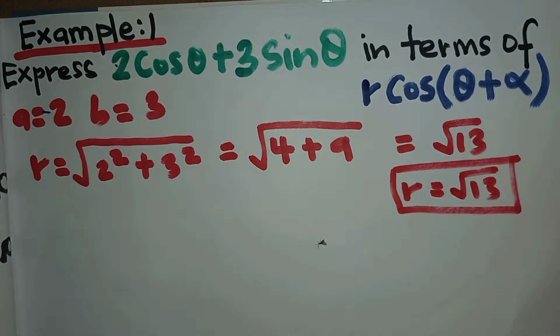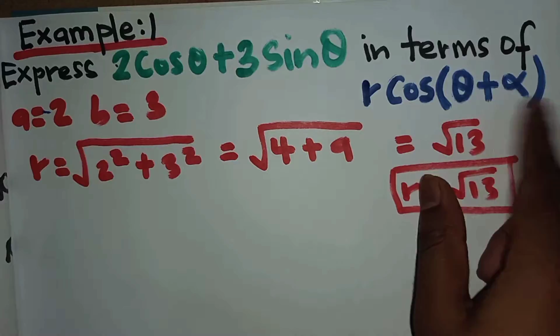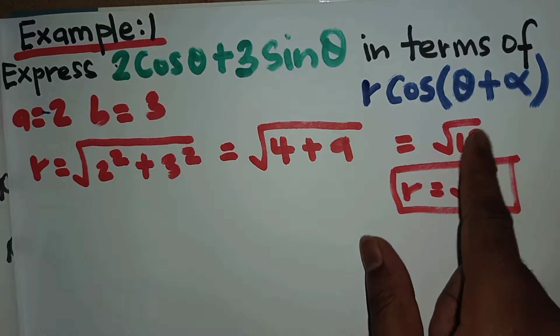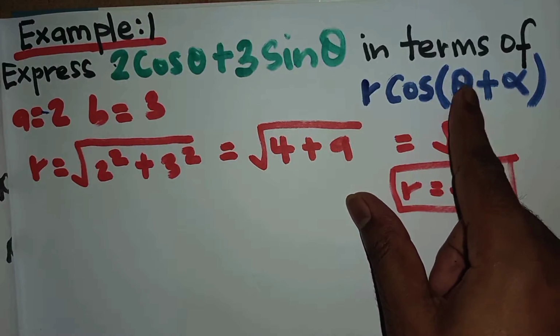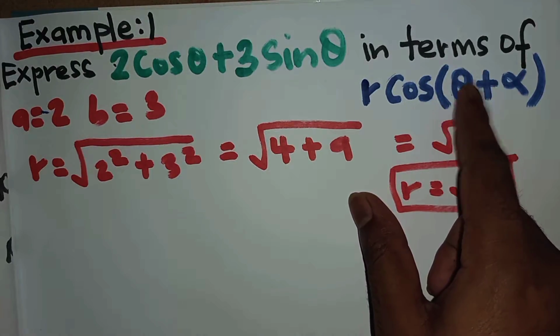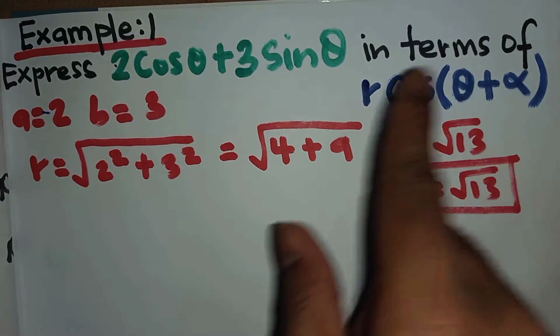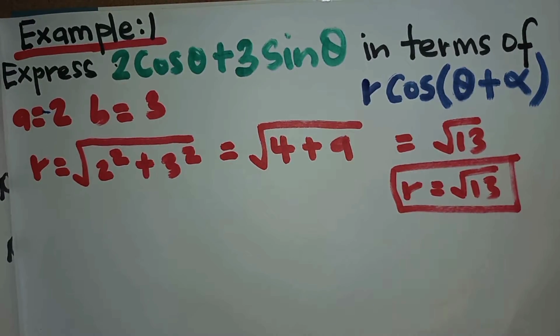Now let's find the value of alpha. We have found the value of r, and this theta is going to remain here. We don't have to find this, we just have to find alpha, and r we have already found. Okay, so now let's find the value of alpha.